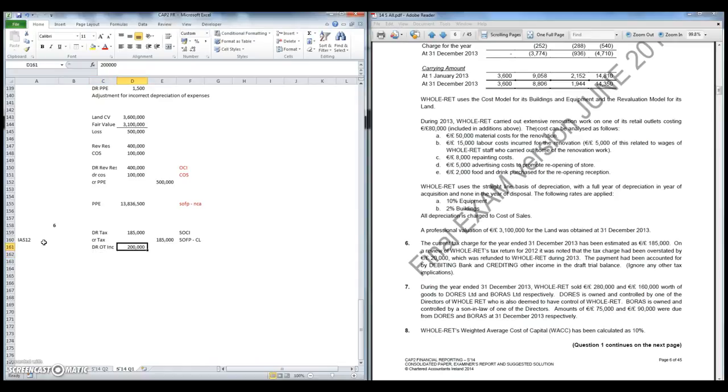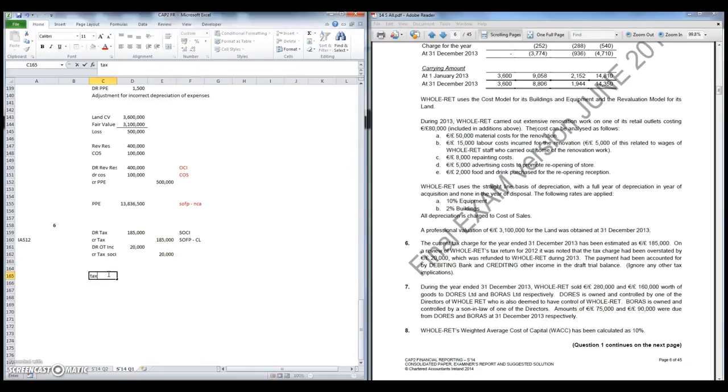You actually just use that 20,000 to write off the tax. So credit tax in your P or SOCI of 20,000 as well. So the point being, it shouldn't be shown in other income, it should be just netted off of your other tax liability.